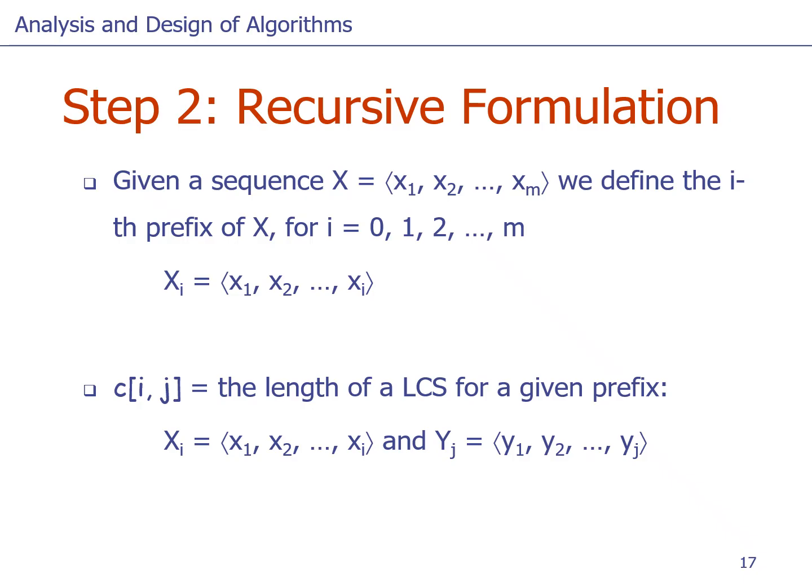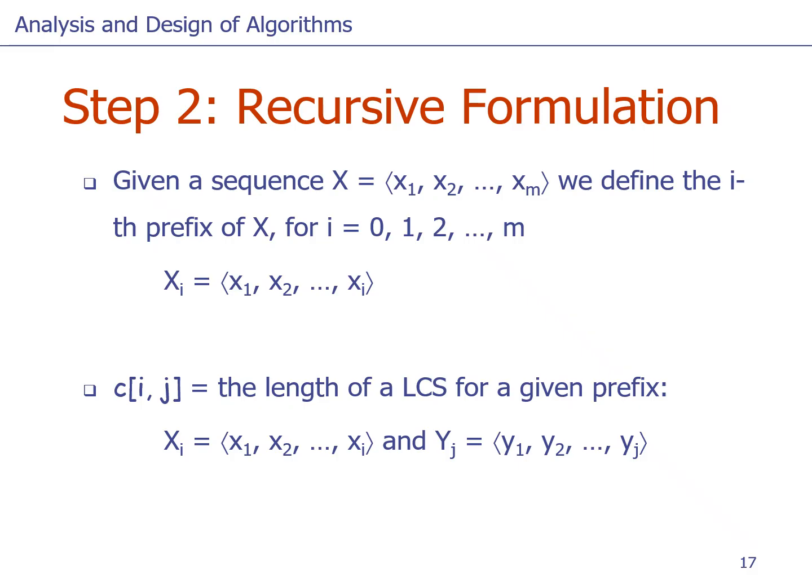It says, given a sequence X that consists of letters x1 to xm, we define the I prefix of X for I from 0 to m, such that X of I is equal to all the x's from 1 to I. I'm basically trying to say here, I will get the original string, which is X, and I will work with subsets of it, which is going to be X sub I, where every one of those subsets is going to start from the first letter going all the way till the ith letter.